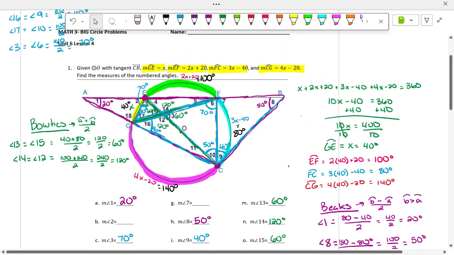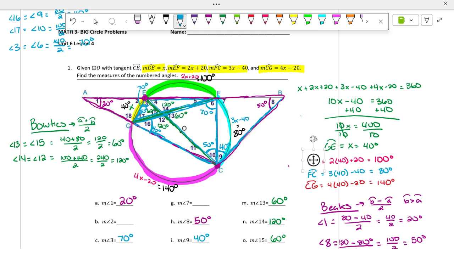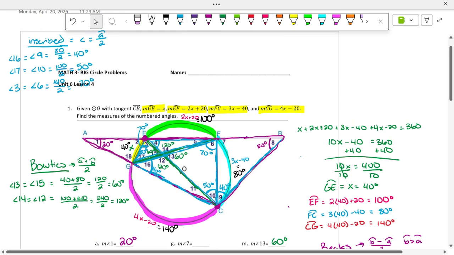Still got a couple more. 4 is also one, so 4 is right here. What's the arc that intercepts 4? 80, so it's going to be the same as 16 and 9. So it'll be 40.